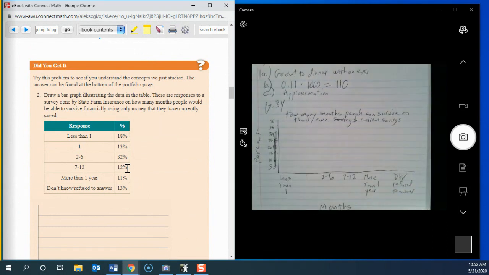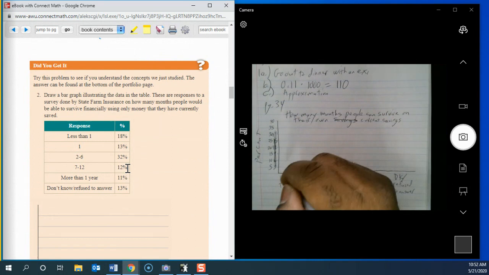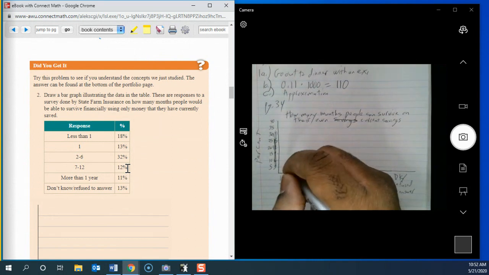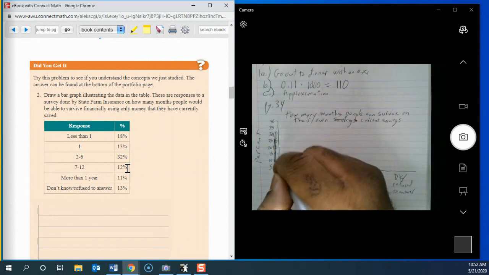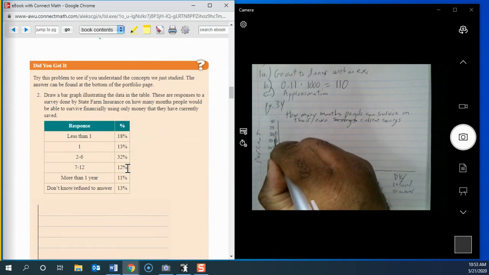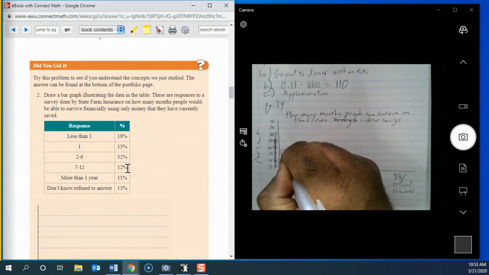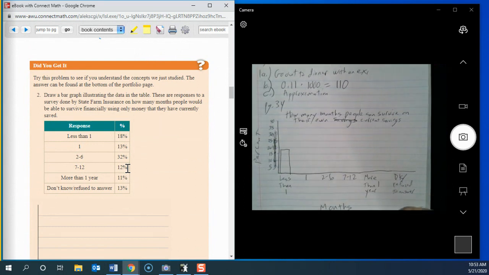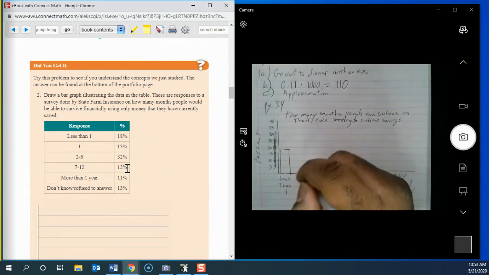All right, so now, when we get here, we have less than 1. Okay, less than 1 is 18%. So we know that would take us about in between the 15 and 20. So that would be less than 1. Okay, so then 1 is 13.